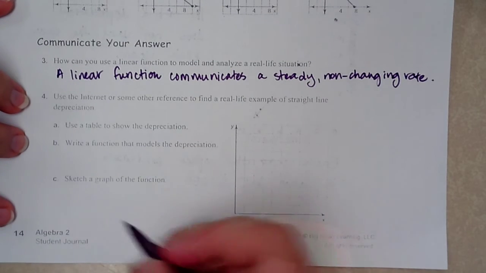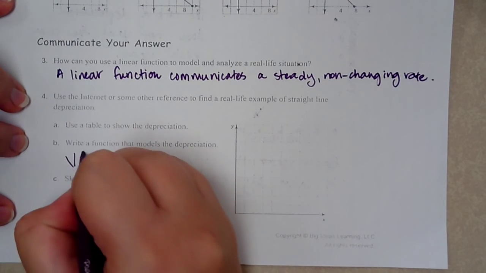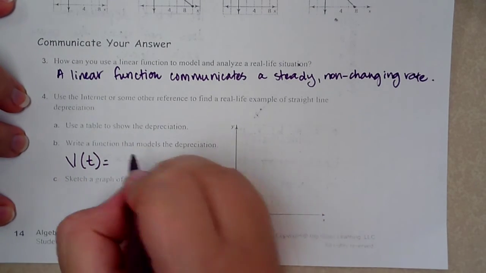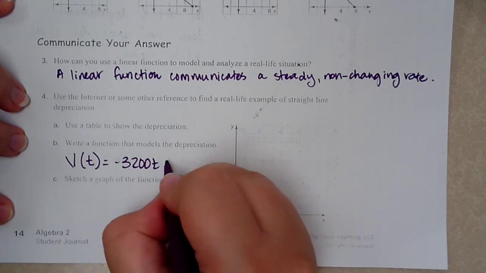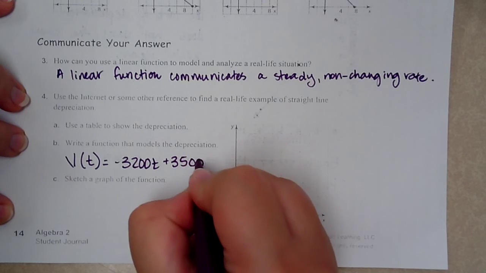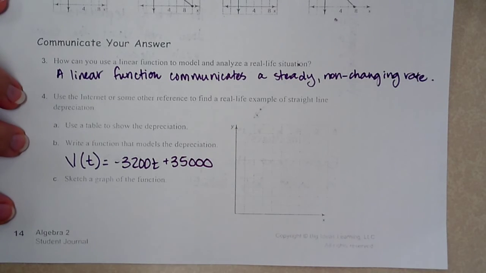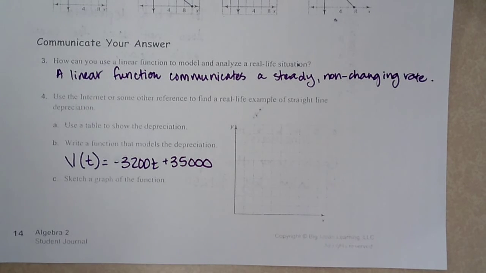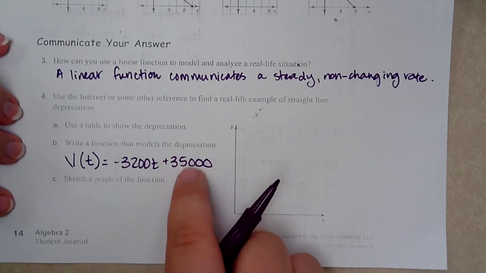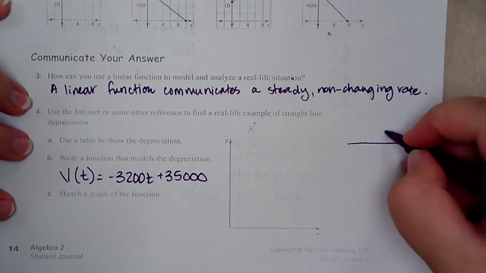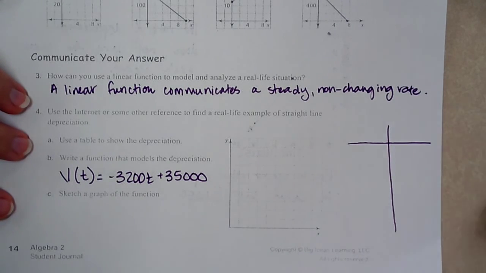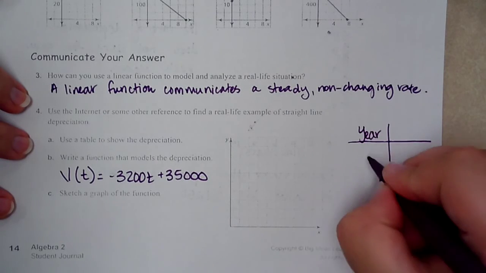So something that looks like value in terms of time equal to negative 3,200t plus 35,000. This may be a function for, I guess what could probably be a car at this price, a really expensive car.